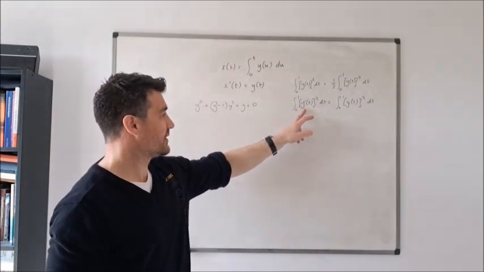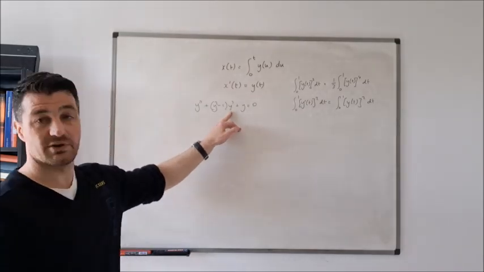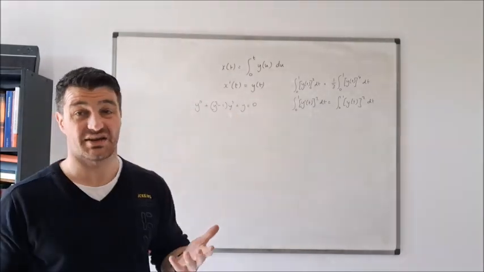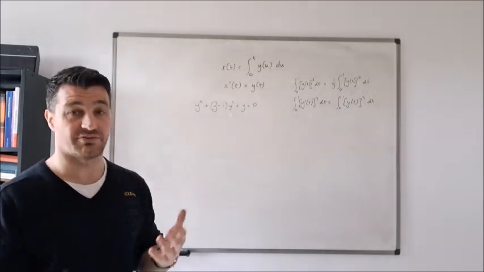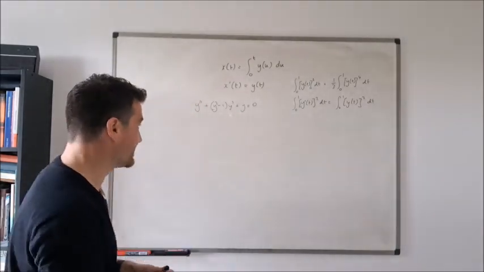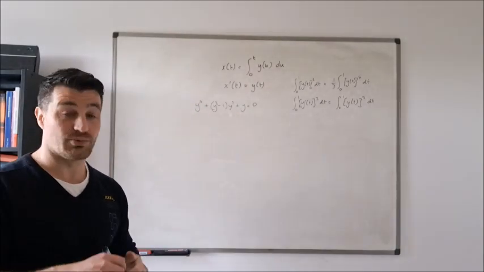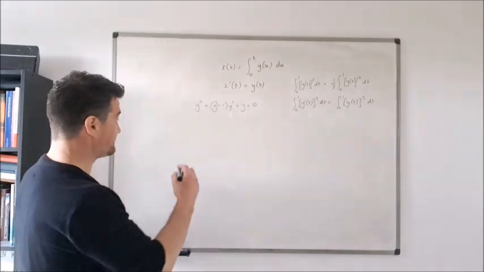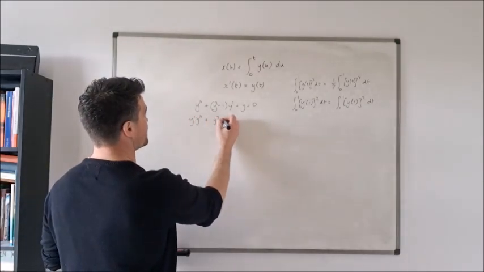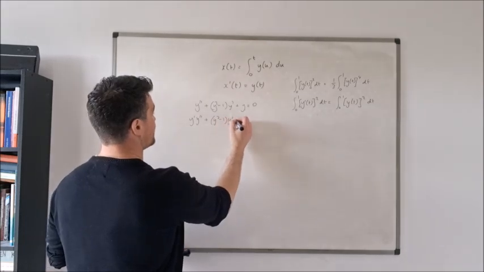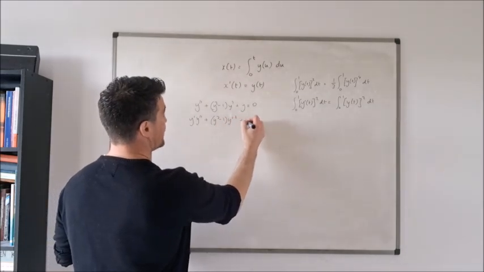Because of the y prime squared here. That's going to give me a y prime squared here. You could argue, well, what about the y squared here? Couldn't you multiply through by y? We'll come back to that in a second. But first, I tried y prime.